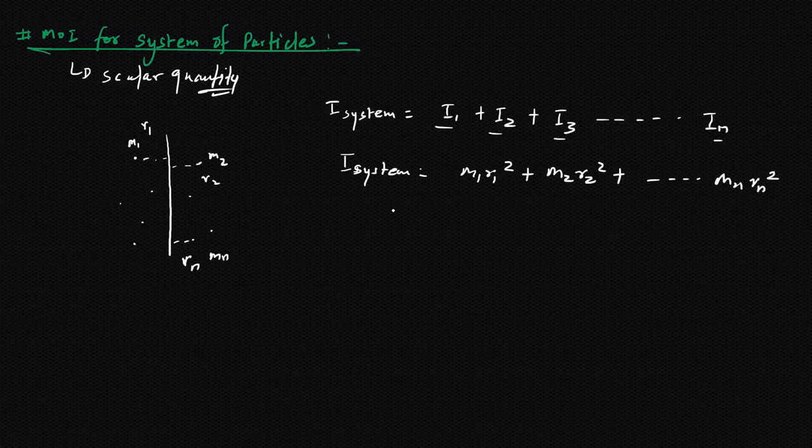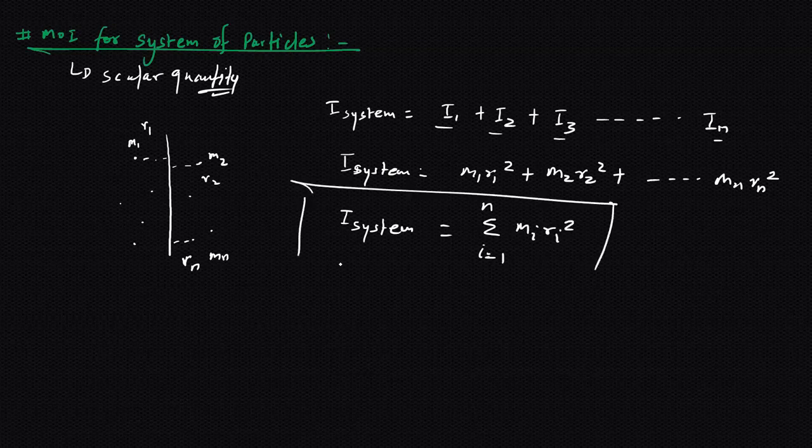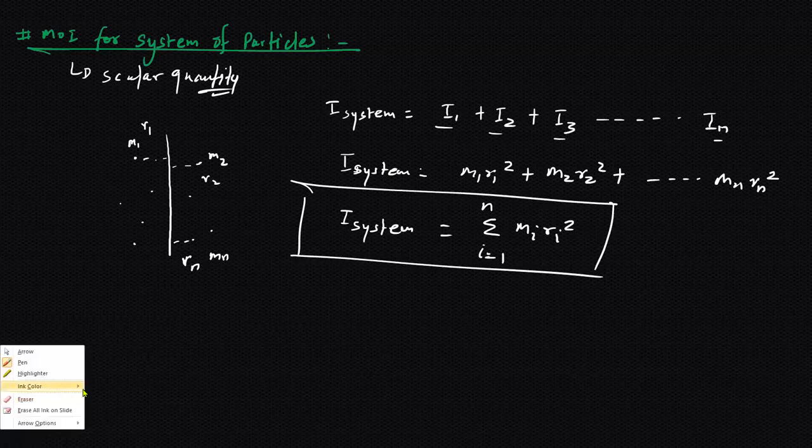Now we can write it like this: summation of i equals 1 to n of mi ri square. That is for the case where there are n particles and these particles are point masses.